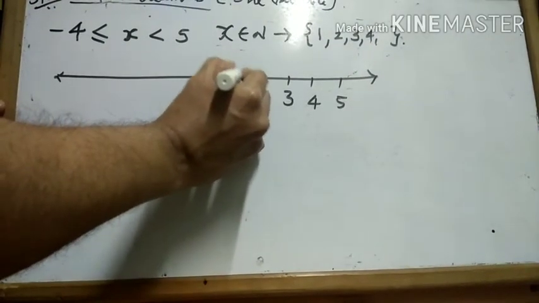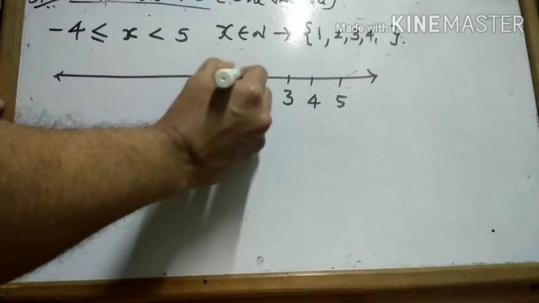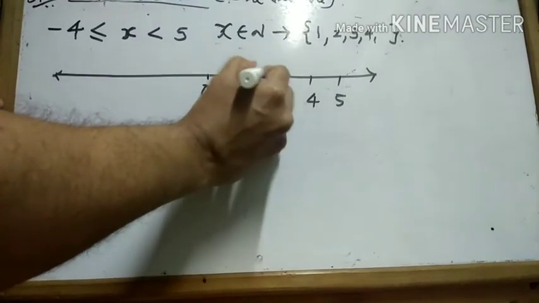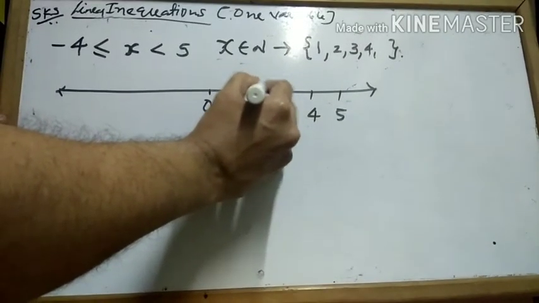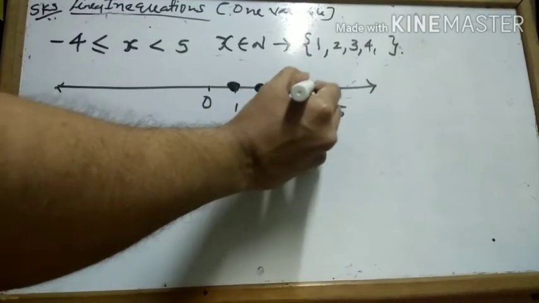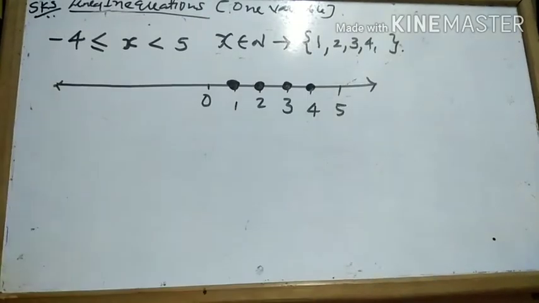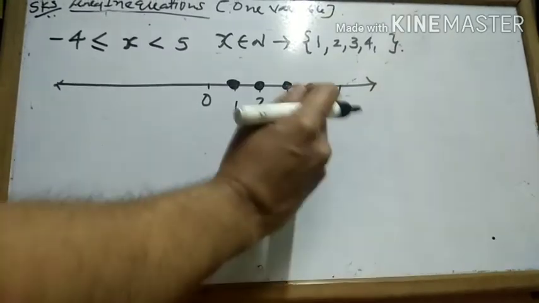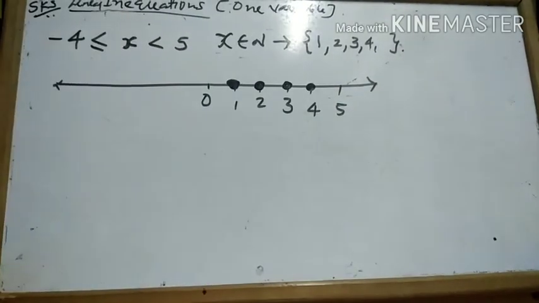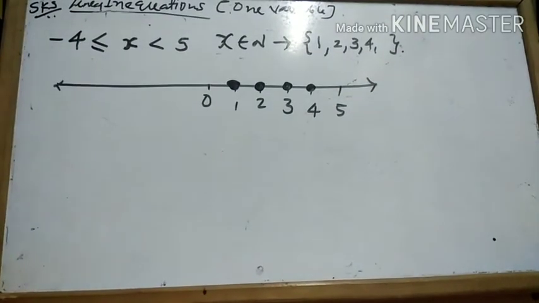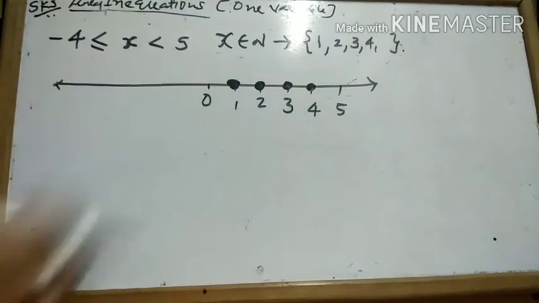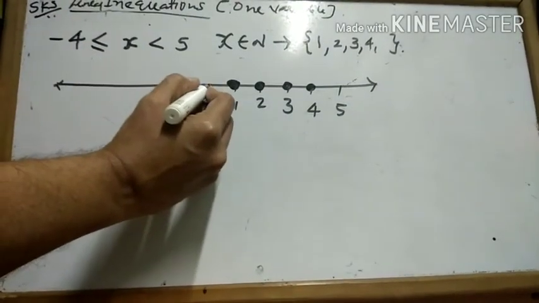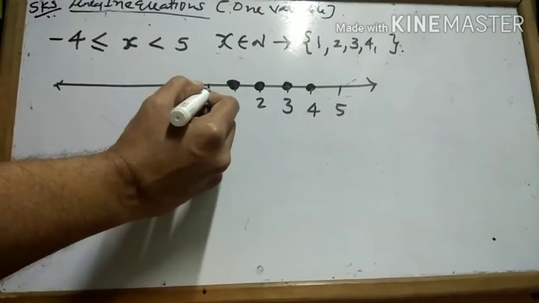So the representation will be a dark dot over here, dark dot over here, dark dot over here, dark dot over here. Remember, there should be a minimum of one additional number on the right side of the last number as well as the left side of the first number. Your first number was 1, and the number to the left of that one I have not marked, remember, because it is not a part of the solution.